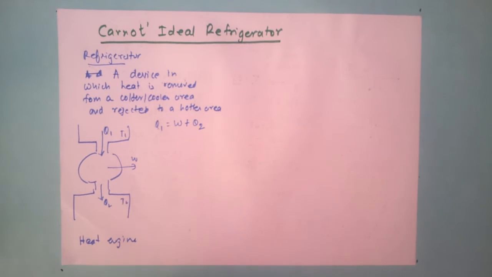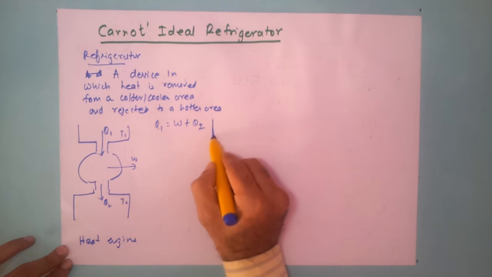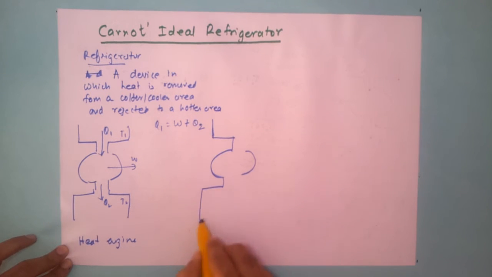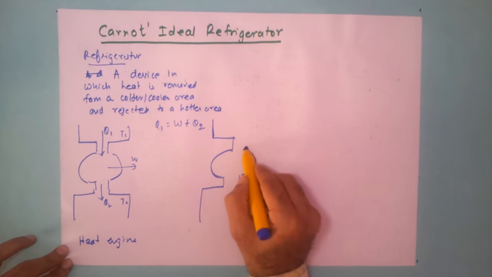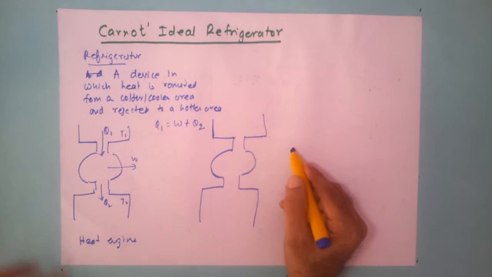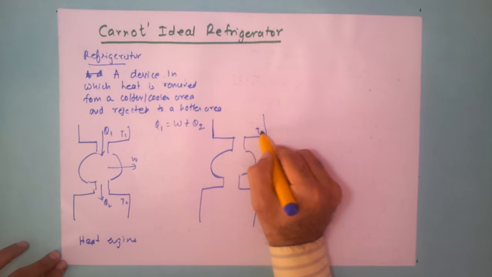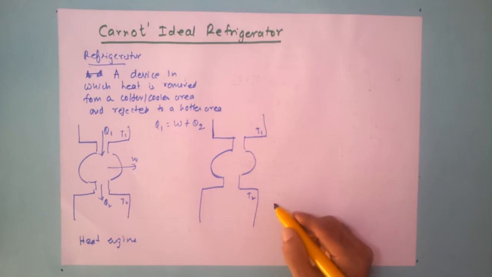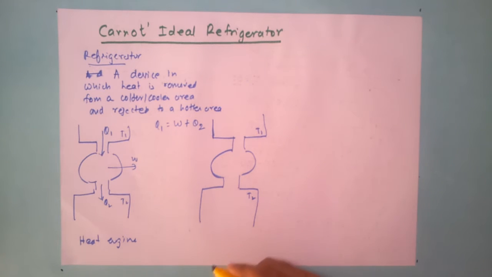Now, the refrigerator is, as I said earlier, the heat engine running backwards. So if I draw the same diagram, and when we do this comparison, you will get a clear idea of what a refrigerator is. Again, we have the source at a higher temperature and the sink at the lower temperature. Now in this case, heat is being removed from the lower temperature.